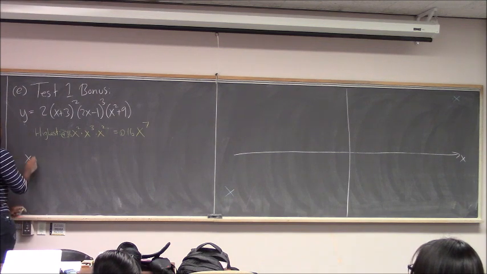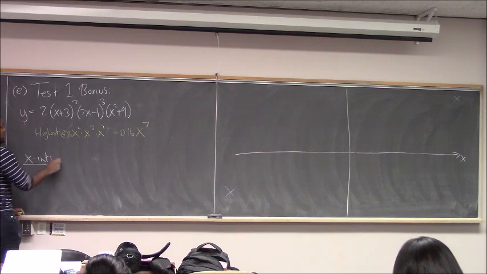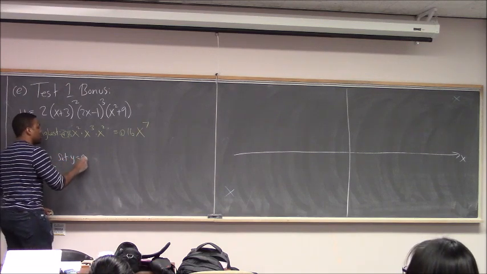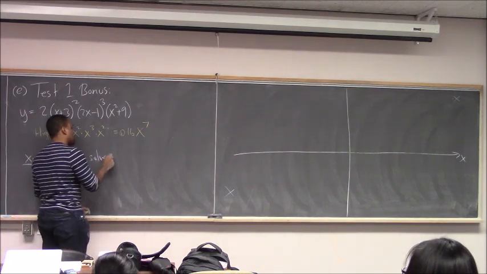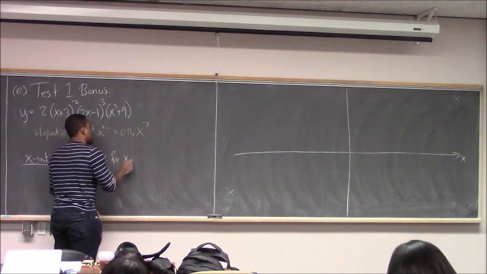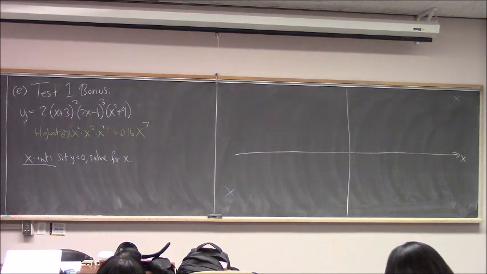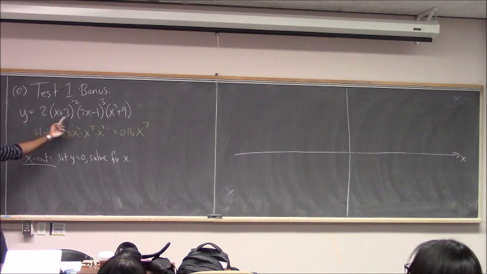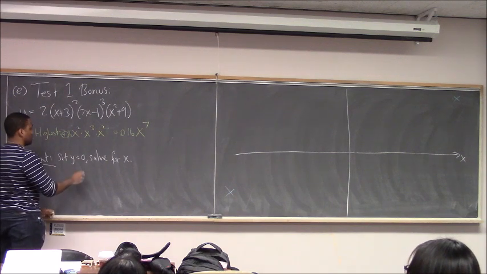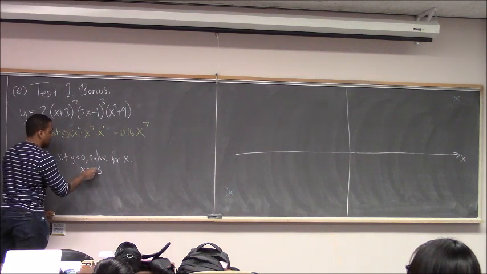Now, the next thing we're going to do is find the x-intercepts. That means we set y equals 0 and solve for x. The nice thing about this particular problem is it was already factored for you. So now all you have to do is pick the x's that make each factor 0. What would make this 0? x equals minus 3.